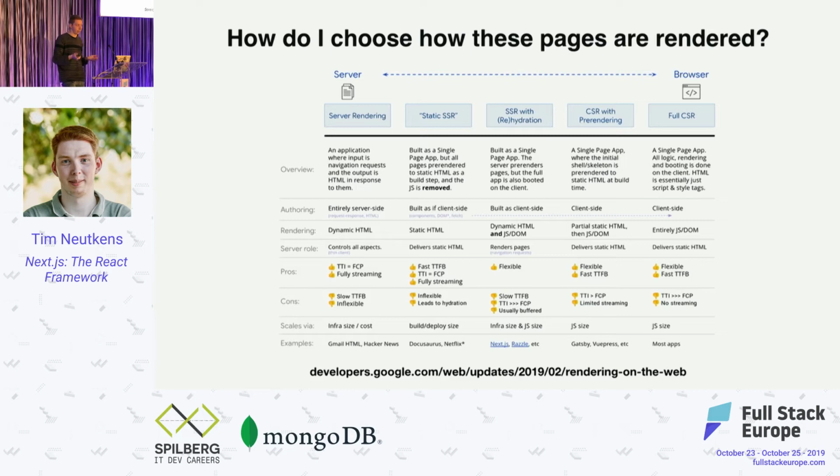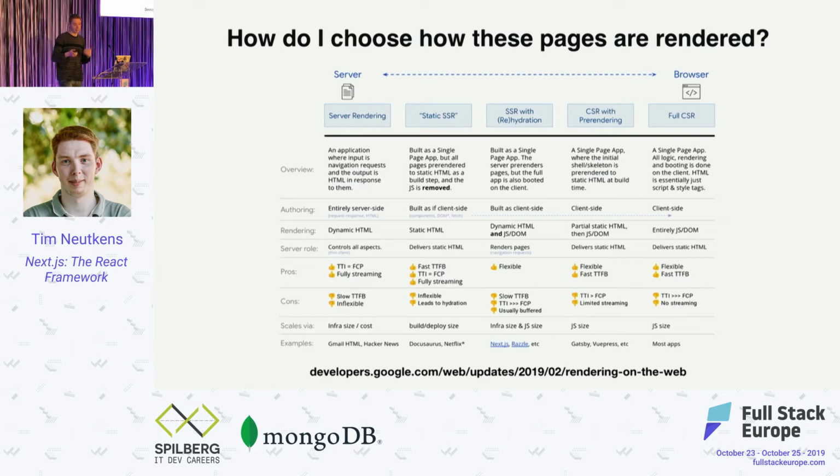There are 5 different ones, and it's really hard to read from this, but it's server-side rendering, static server-side rendering, server-side rendering with rehydration, client-side rendering with pre-rendering, and full client-side rendering. And now you can tell me which one you have to choose, right?